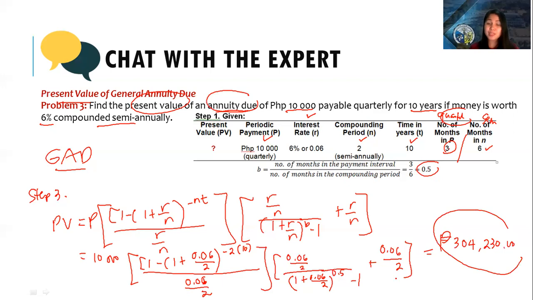You can pause this for a moment and check if your calculator will give the same answer.